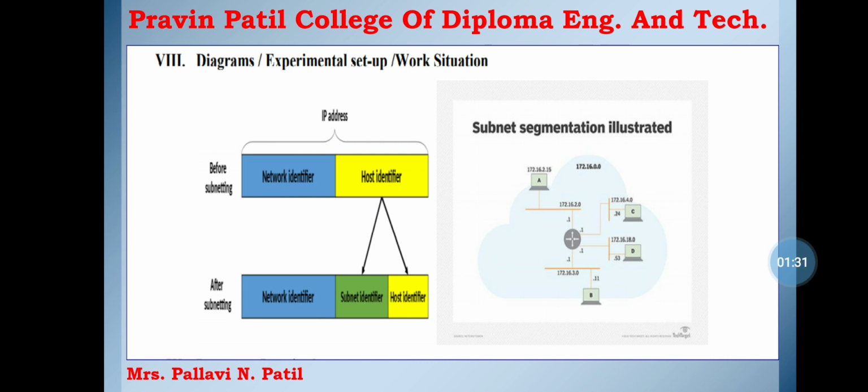First, what is subnetting? Subnetting is a process of dividing a single large network into multiple smaller networks, that is, subnets. Okay, subnet means, we divide a single large network into multiple small networks.